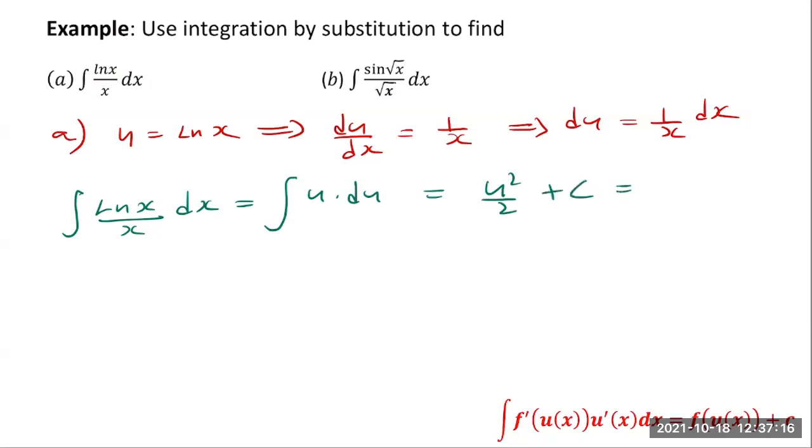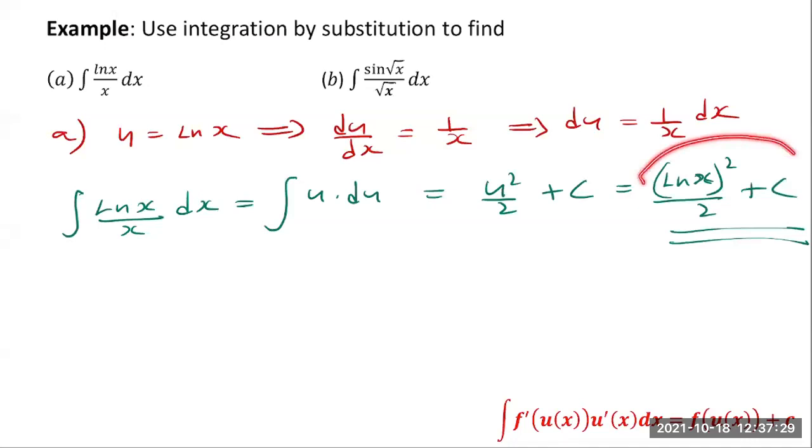Your u is ln of x, so this is ln of x, squared, over 2 plus a constant. This is your final answer. Of course, you can verify that this is the correct answer by differentiating it and showing that it is an antiderivative of the original function. If you differentiate this function, you should get the original one.